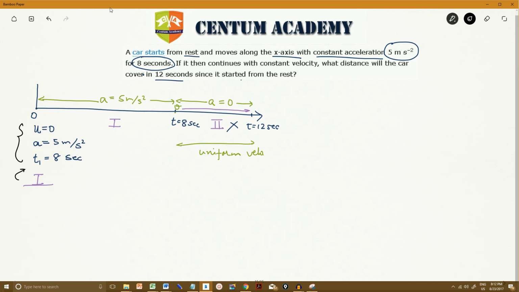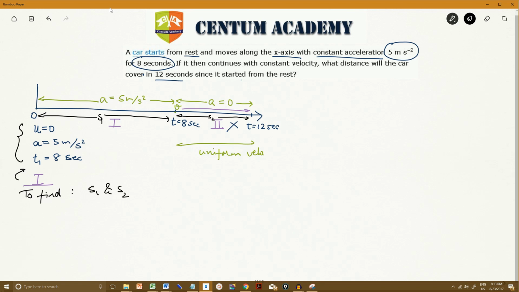Basically, we have to find out the distance, from the origin to the final point at t equals 12 seconds. So the total distance traveled will be s1 and s2. So we have to find s1 and s2, right?